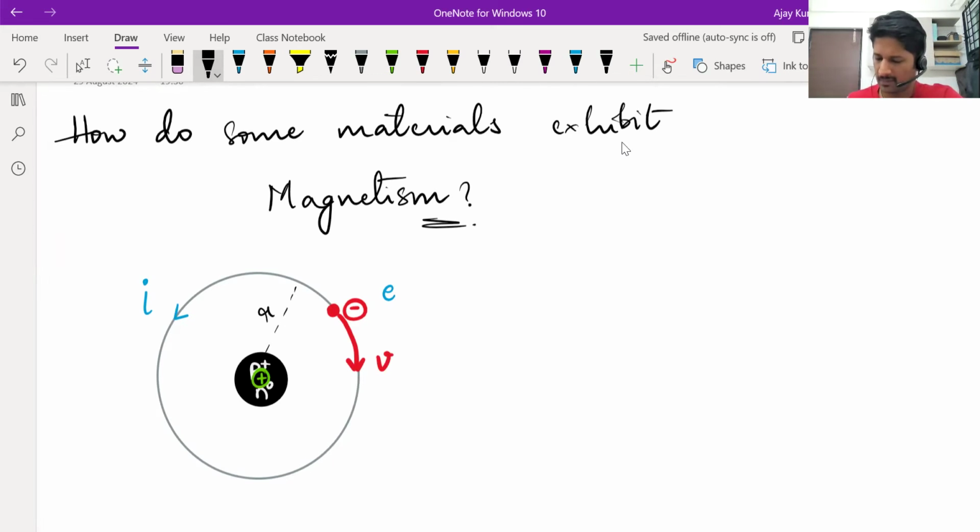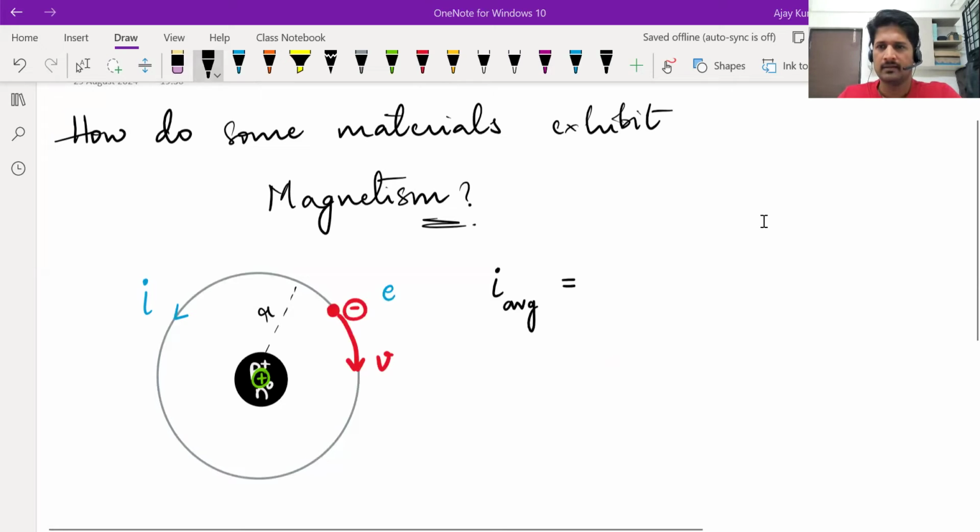Can one of you quickly tell me how much current is present in this orbit on average? If an electron having magnitude of charge e moves with a speed v in an orbit of radius r, how much current exists in that orbit on average? What is the basic formula for current?